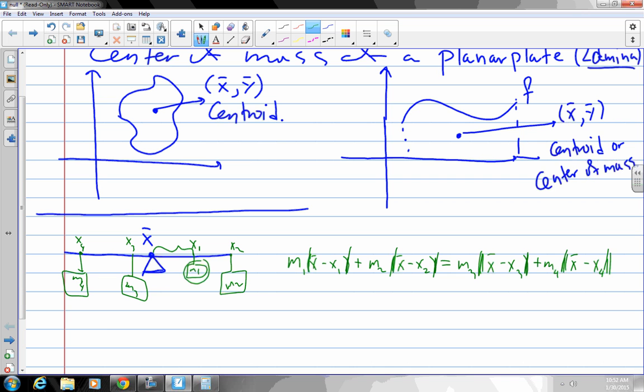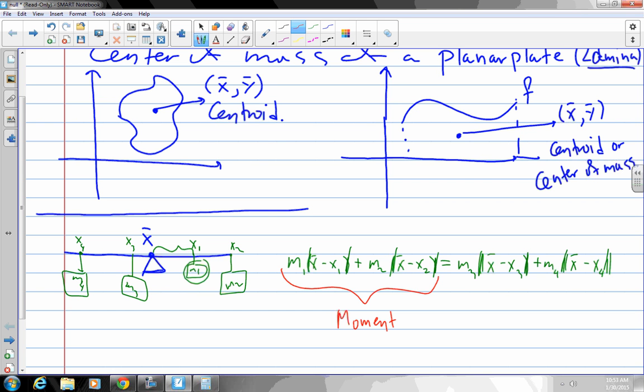Okay. So actually, this quantity is called a moment. How would I say this? How heavily or how drastically all this is trying to rotate the stick around the point where I'm trying to balance it. So that force, well, not force, but that momentum we call a moment.